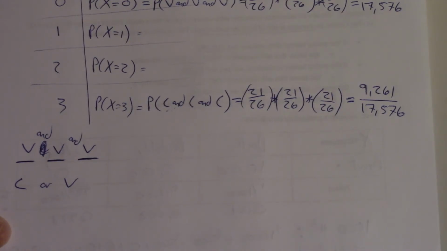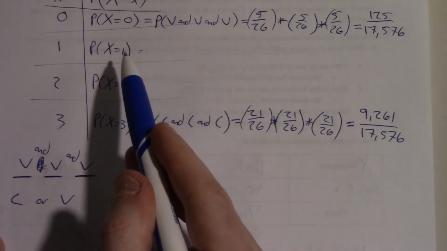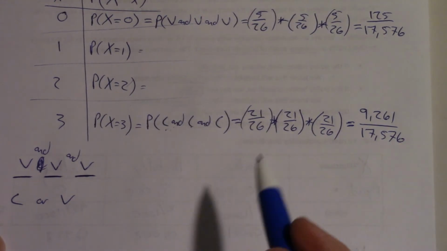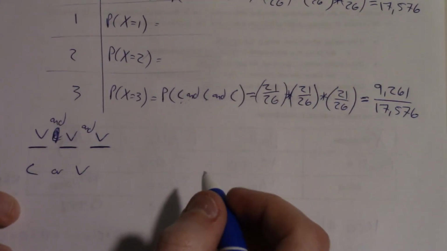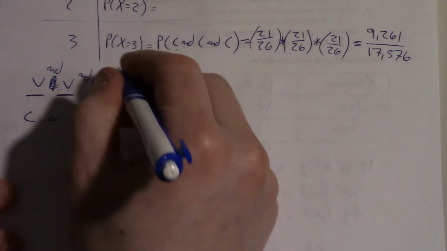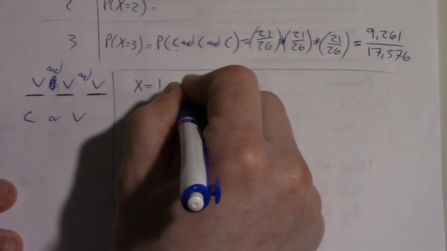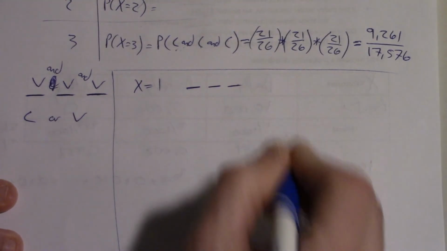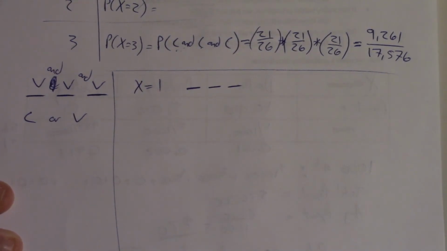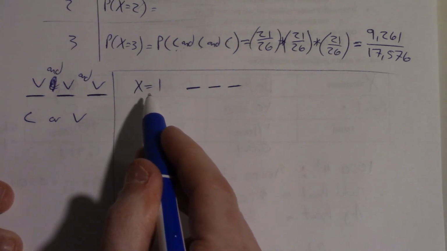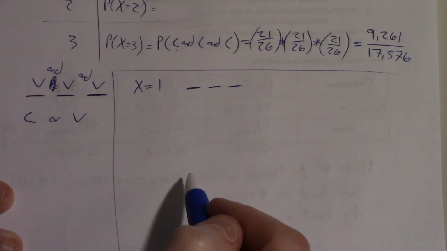Now, when we get into the middle of the distribution, when x is 1 or x is 2, we have to be a little more careful. So let's start with when x is 1. We have to think about what would our 3 slips of paper look like. So this is saying you have one consonant in your 3 slips.